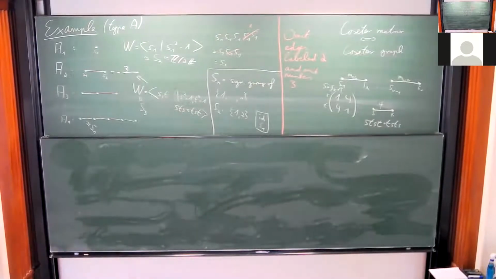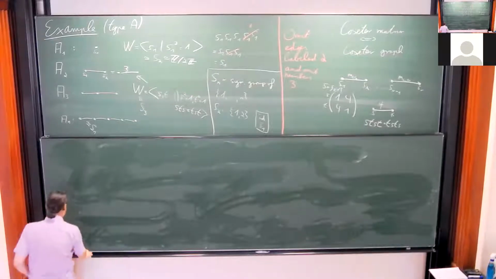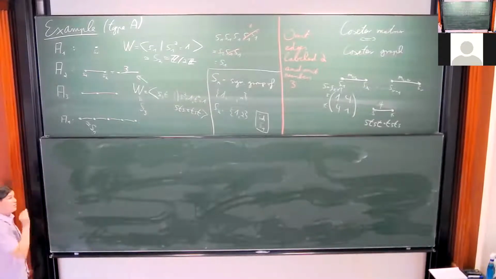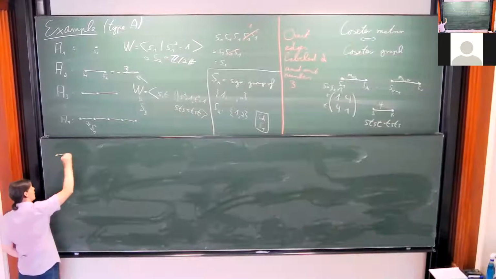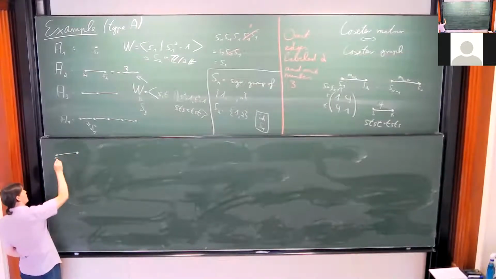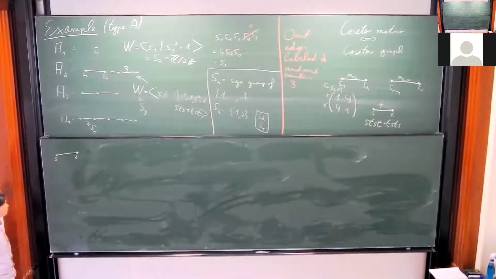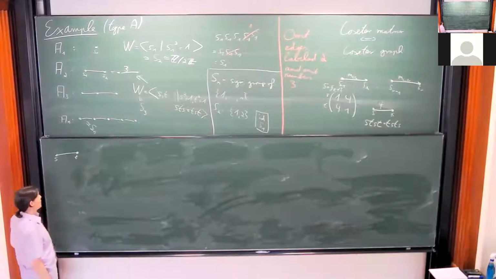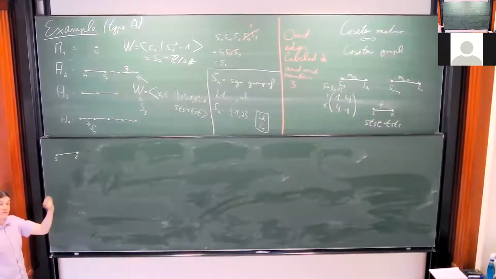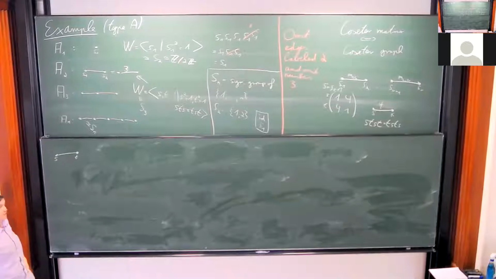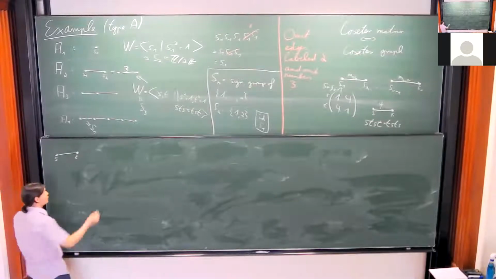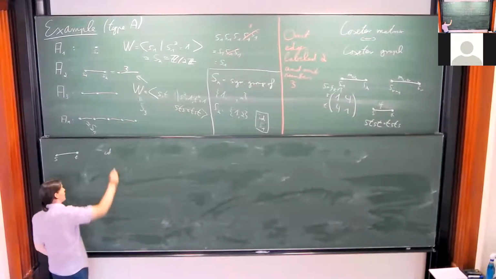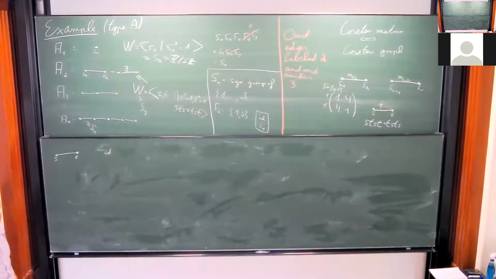Okay, so let's play a little bit. I told you, the only thing you need to remember is the graph. I want to play a little bit with this graph, calling my generators S and T. Okay, what can I do? I have my group, and each element is a finite word in the symbols of my alphabet. So what can I do? Well, I can write down nothing. I call this the identity, the empty word.